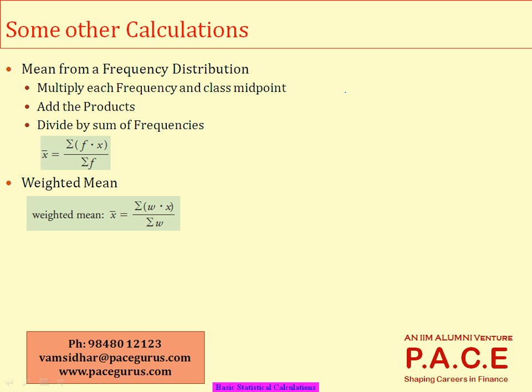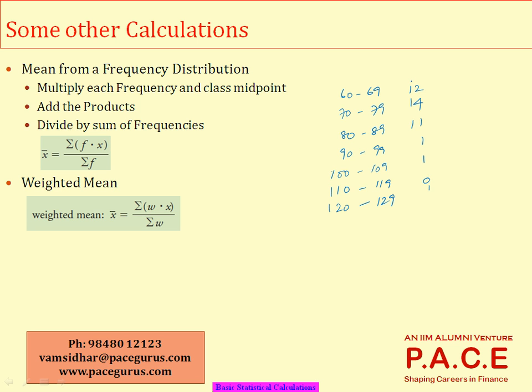So if I look at the scenario of the earlier data set, wherein we were computing the pulse rate, just to tabulate it again: 60 to 69, 70 to 79, 80 to 89, 90 to 99, 100 to 109, and 110 to 119, and we have 120 to 129. The frequencies being 12, 14, 11, 1, 1, 0, 1.